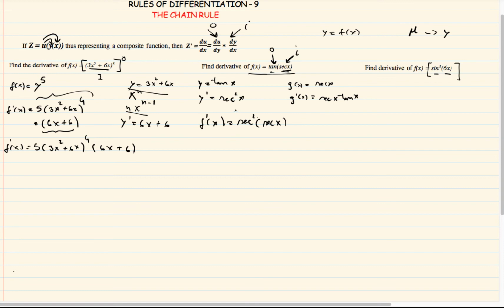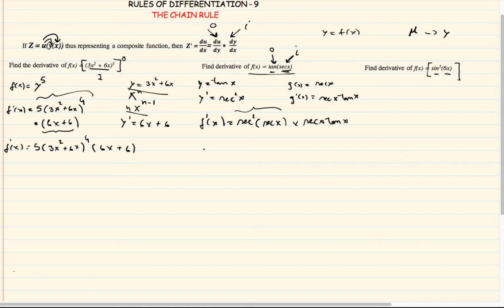So derivative of the outer function multiplied by the derivative of the inner function. So in the inner function, that is secant of x into tan of x. Indeed, the argument of this secant is x, so it becomes secant of x into tan of x.